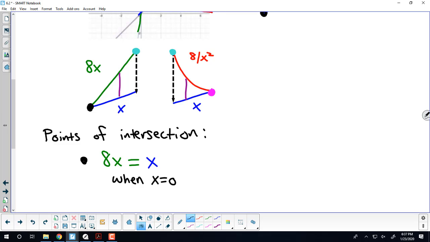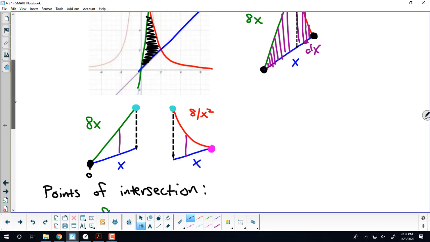Okay, so we know this x value is 0, and maybe we would have guessed that from the graph, but in some of the examples the graphs aren't provided, so you want to make sure that you're drawing a picture to sort of get your bearings. So that's got an x value of 0.